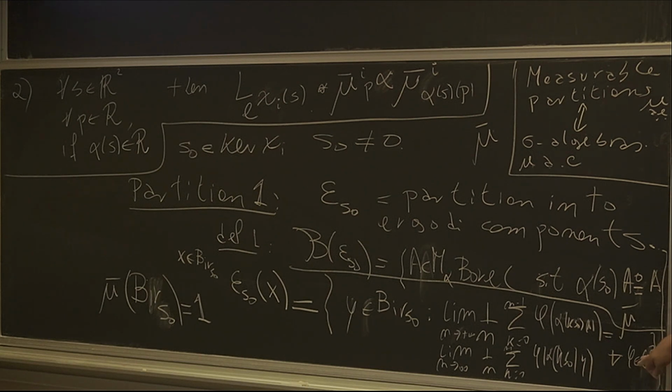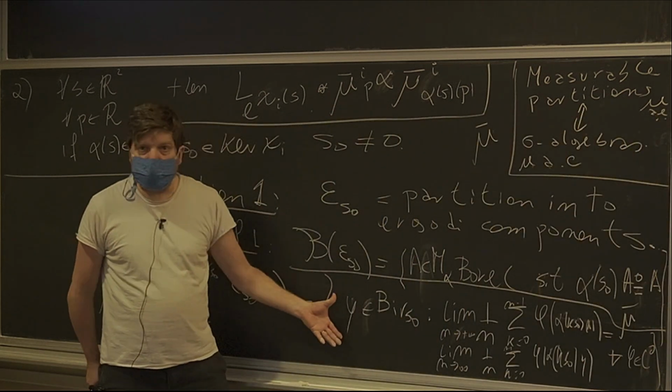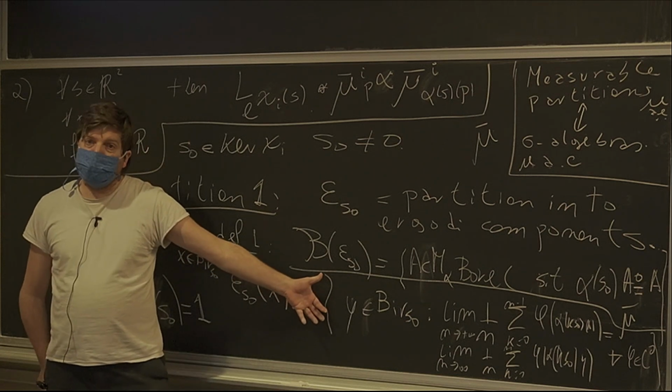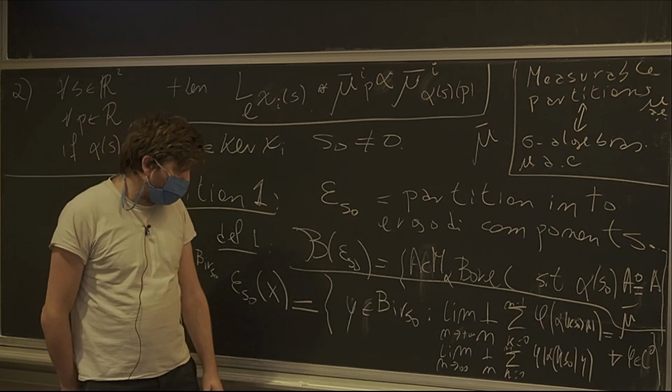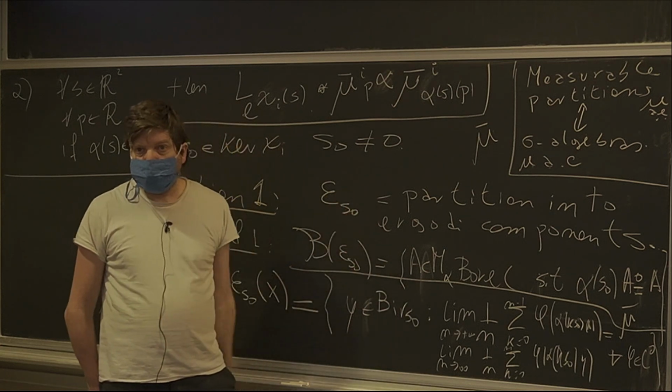So typically you want to put a countable set here, so that for each phi you have one partition, then you have the countable intersection of these partitions. In any way, this is a partition. You can check easily that this is a partition of this set, which is a set of full measure.